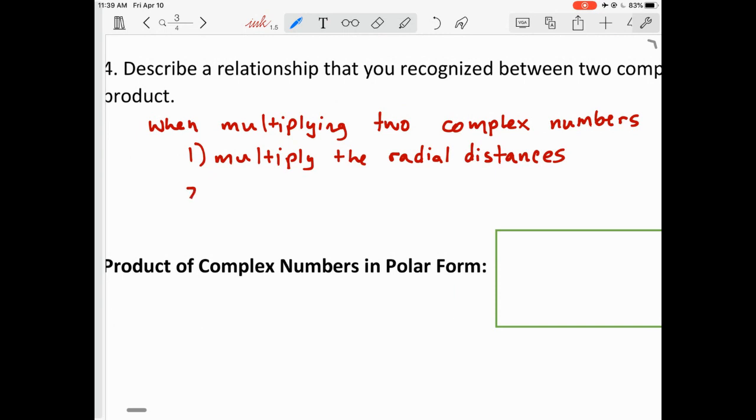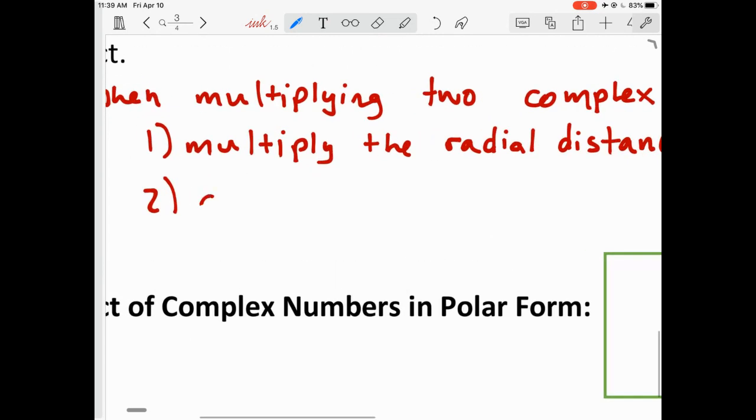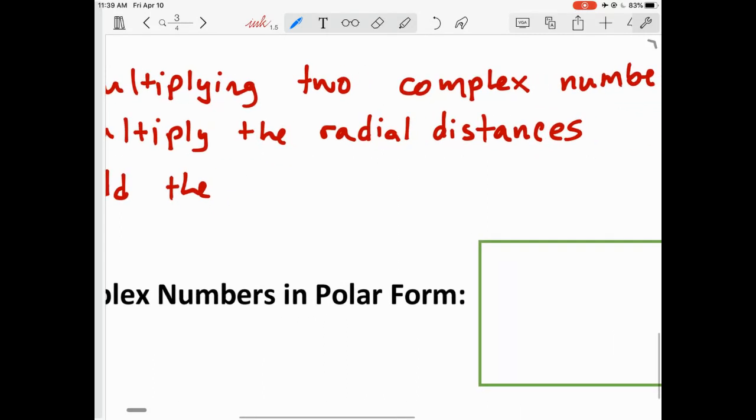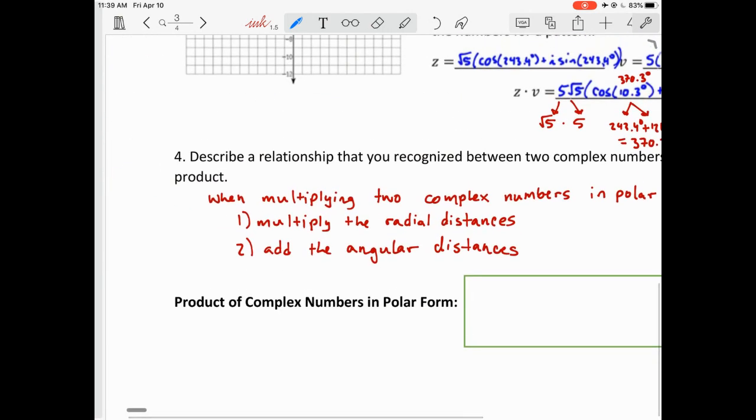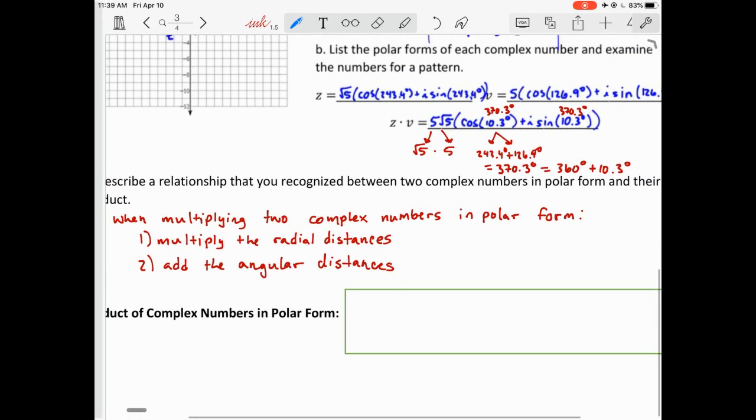And second, what we'll do is we'll add the angular distances. And that's our quick process for multiplying two complex numbers in polar form.